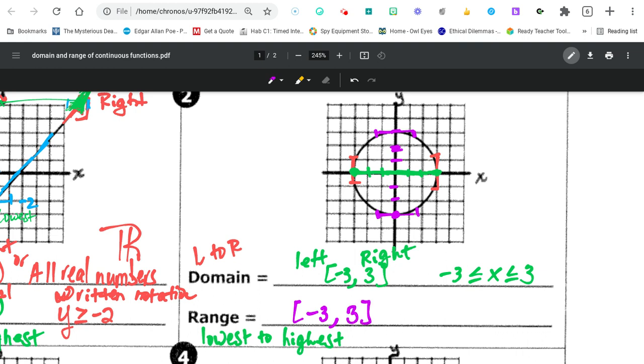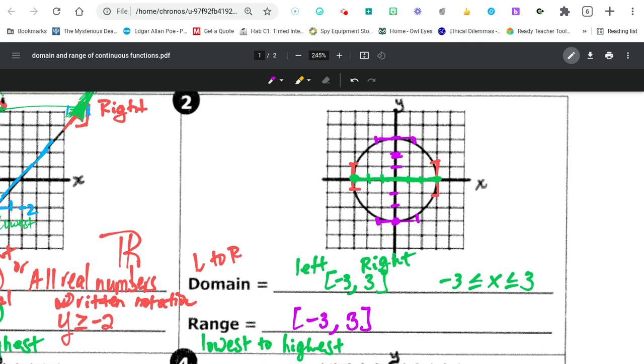Same thing as the domain: -3 to 3. Now, if you wrote this in written notation, on the y-axis my circle goes from -3 to 3 if I were to shade this in. But it's a y, so put y. It's range, guys, so put y.